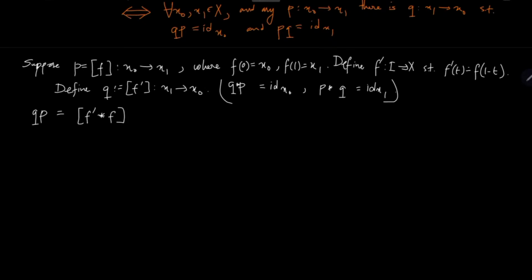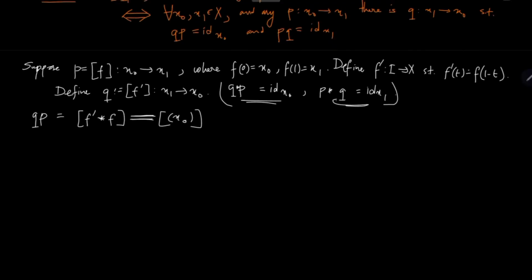Now what does f dash star f do? Okay, so this is the class of f dash star f, which we need to show is indeed the class of the constant map x0. I'll just show this one thing, because the other is exactly the same argument, it just goes the other direction.